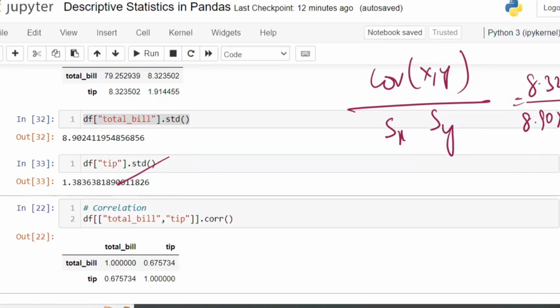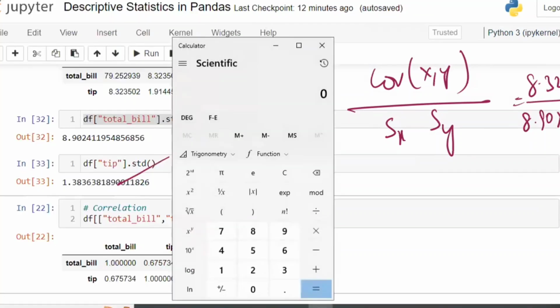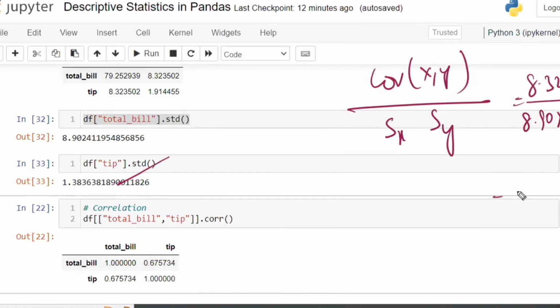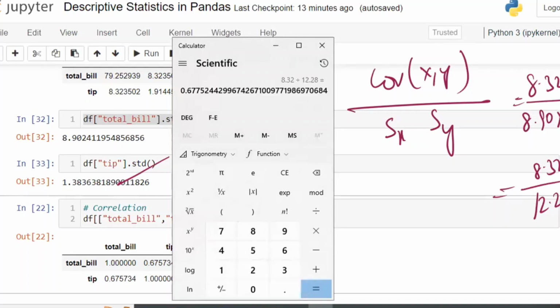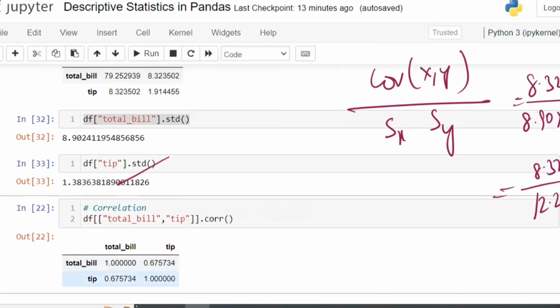Just open the calculator. 8.90 into 1.38, the denominator value, is 12.28, and the numerator is 8.32. 8.32 divided by 12.28 is nothing but 0.67, which is this one.